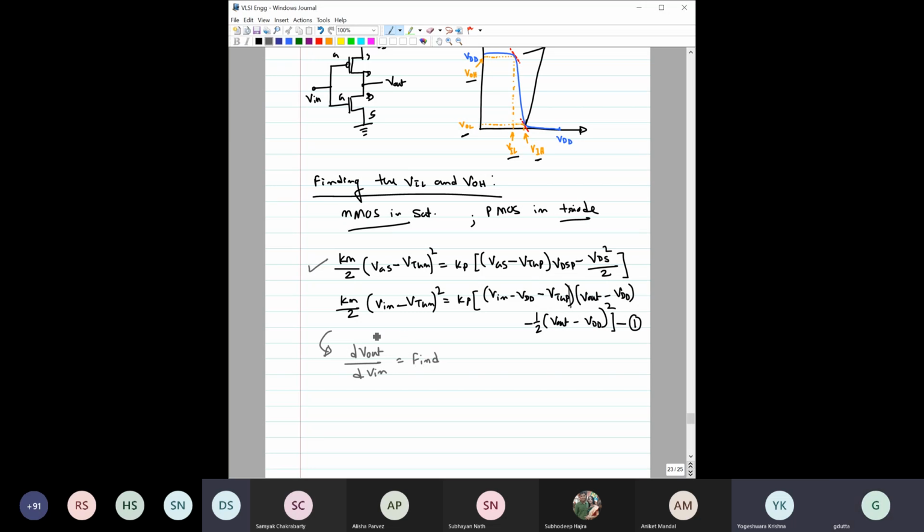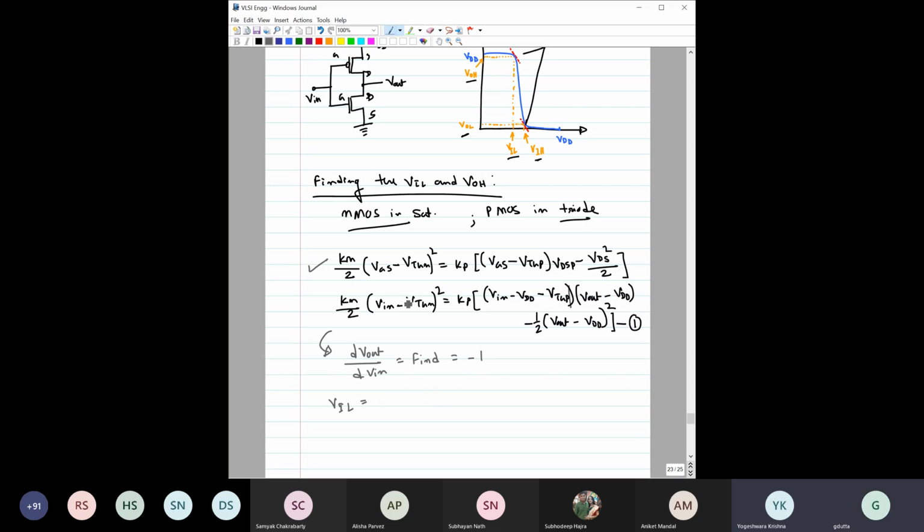Once you have found this dVout by dVin, make it equal to -1, and there you will get another relation between Vin and Vout. So now you have two equations. Let me write that equation. I will not do it completely, but it is expected to be something like this.